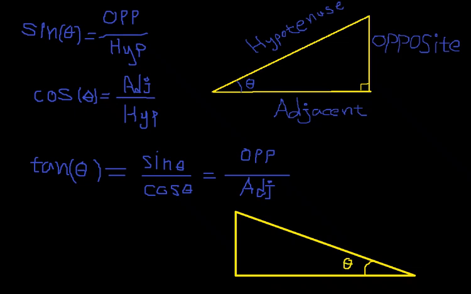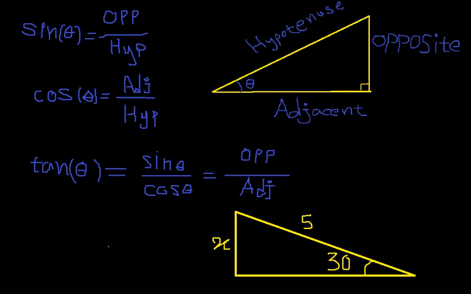Let's assume that this theta is 30 degrees, and we are given that the hypotenuse is 5. And this is our x, which is what we are looking for.